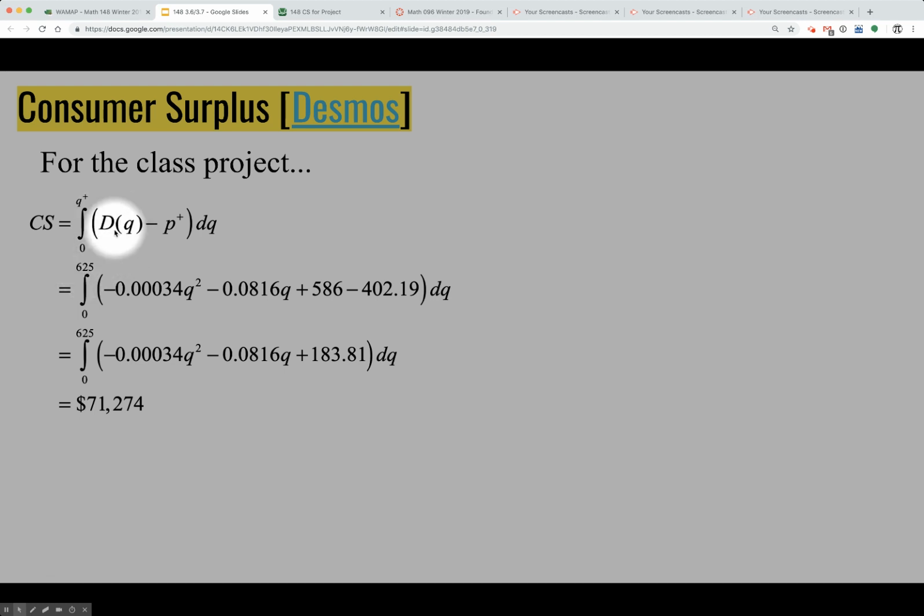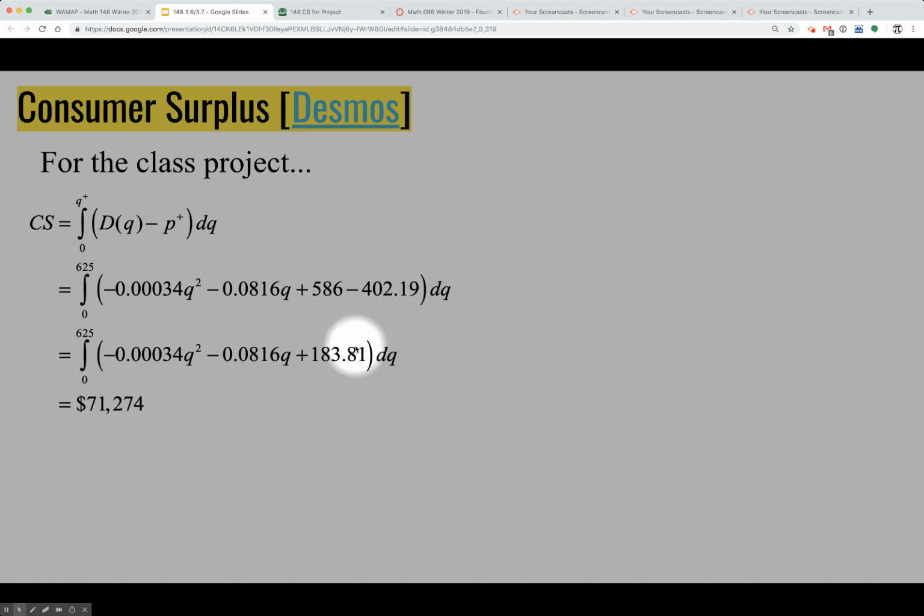The demand function is this quadratic. It starts here, has a q squared term, has a q term, has a constant term, so it's just up to the 586. Then we subtract off the optimal price, which we found to be $402.19. So if I take this integral, I'm going to get the consumer surplus.